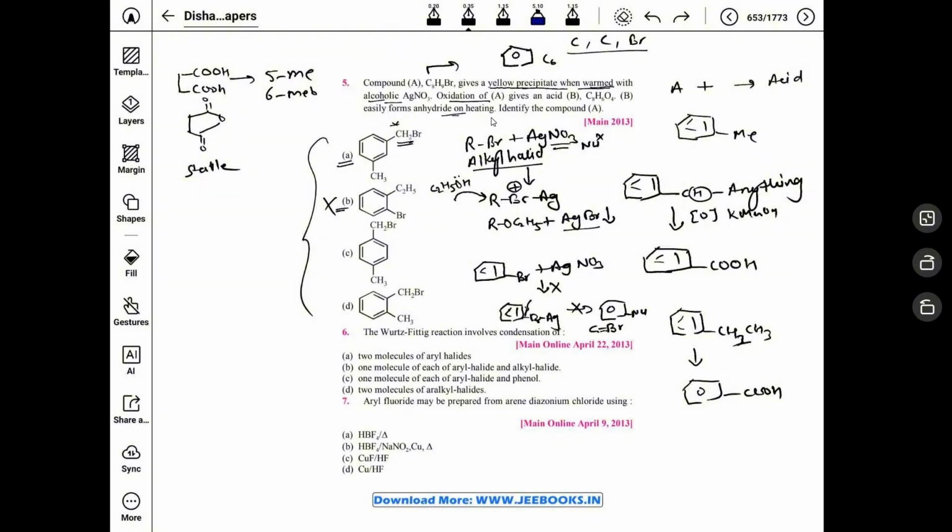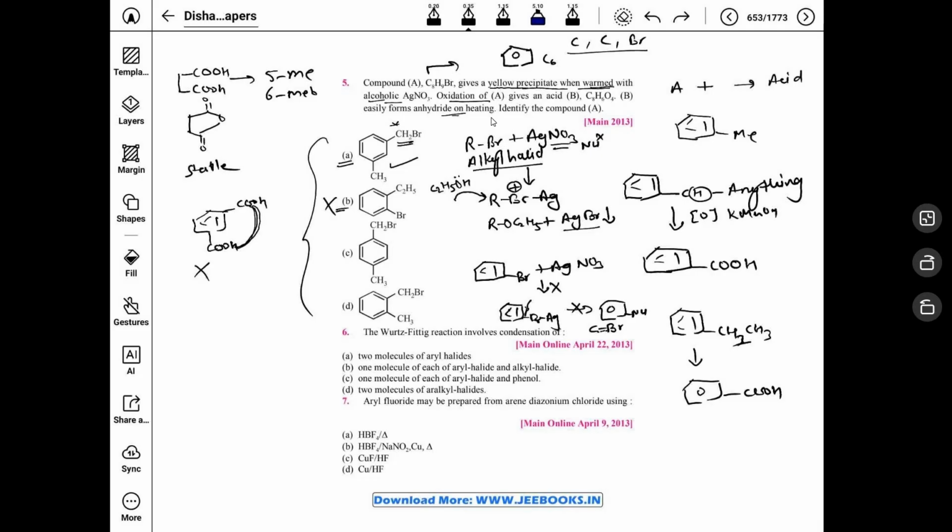Yes, this is possible. It can give the carboxylic acids, but after that, can it form the anhydride? In option A, you can get this kind of carboxylic acid, but it cannot form anhydride, because the anhydride should be like this, and this is a very big cycle and they are not in close proximity, so this cannot form anhydride.